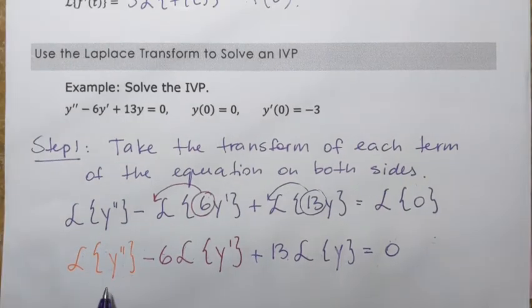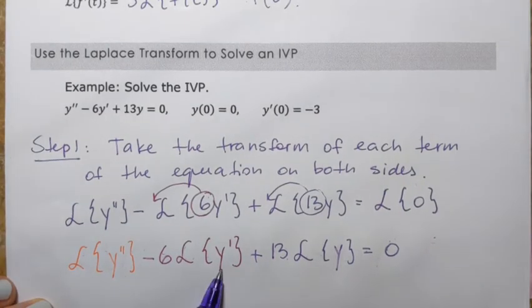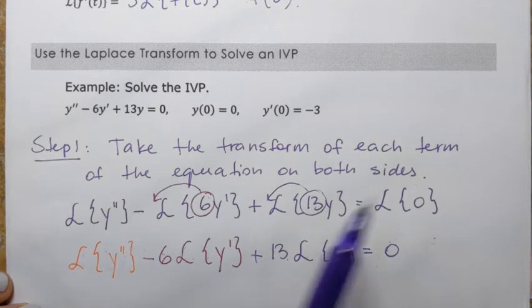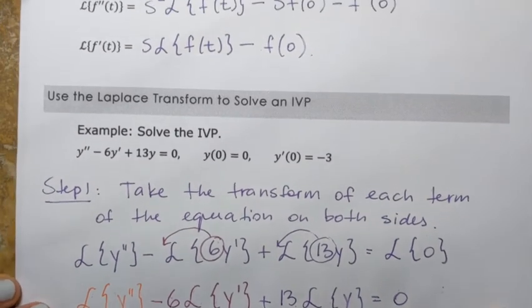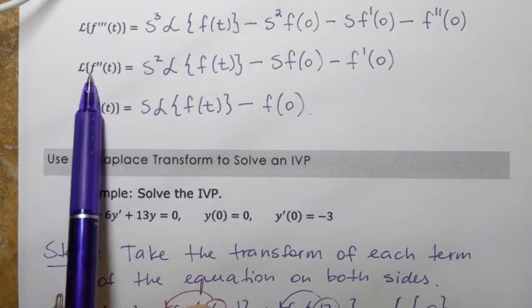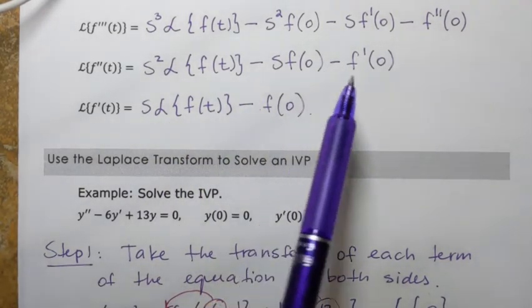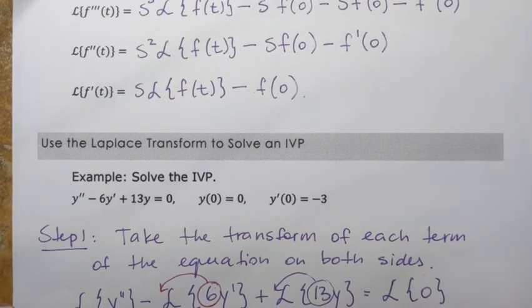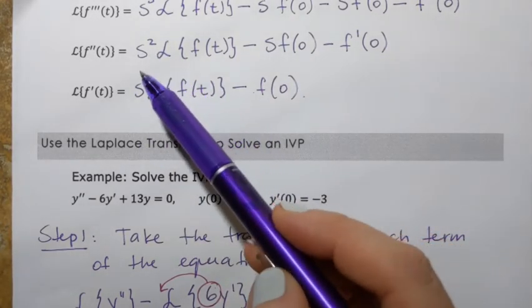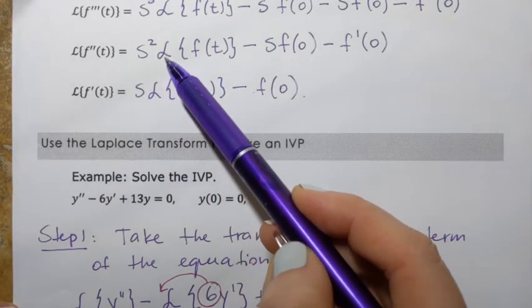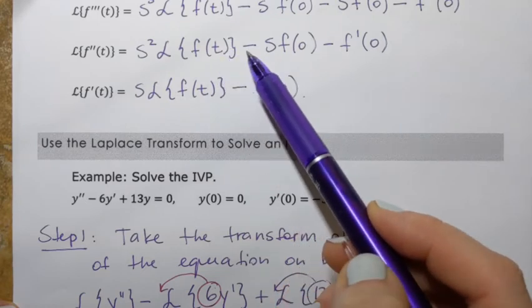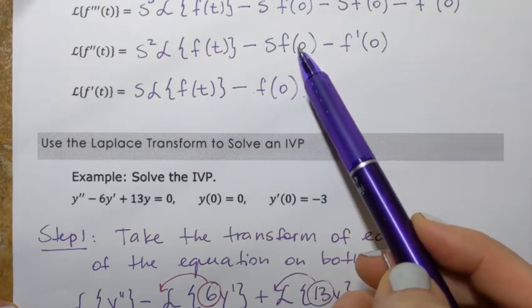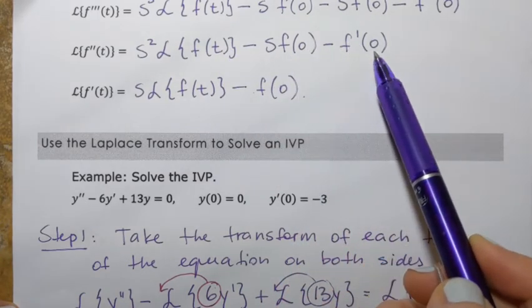So what we're going to do next, we're going to expand each Laplace transform of a derivative according to the definition that we just learned. So we just learned that the Laplace transform of the second derivative, and we already practiced expanding it right here, equals the following. So the only difference is that our function is called y instead of f. So it means that in our case, it's going to be s squared, the Laplace transform of y, minus s y of 0, minus y prime of 0.